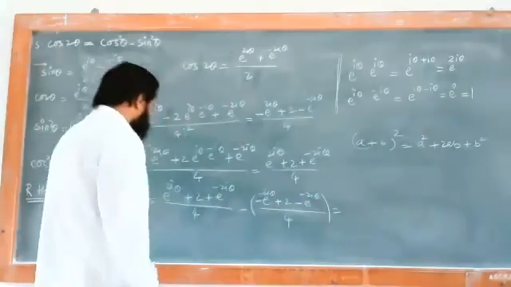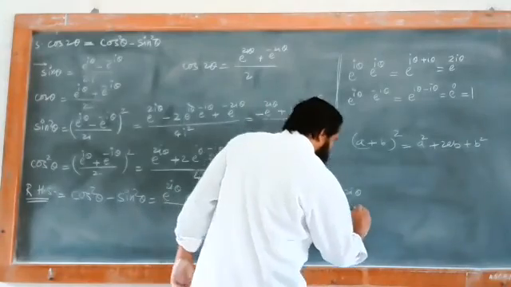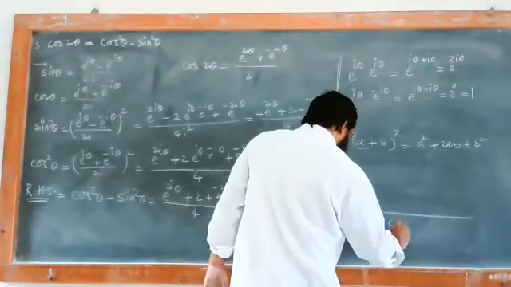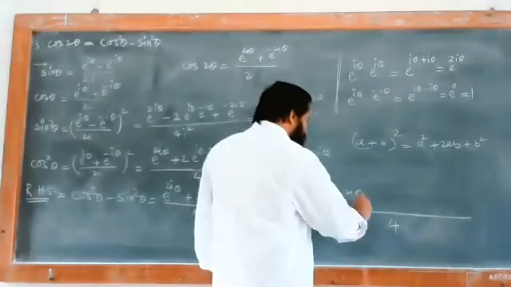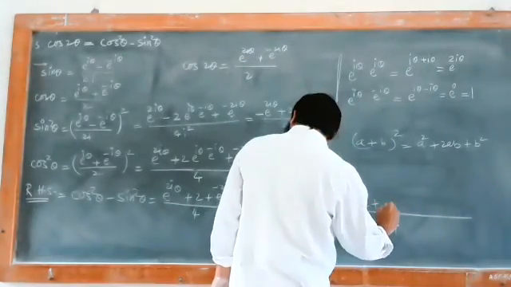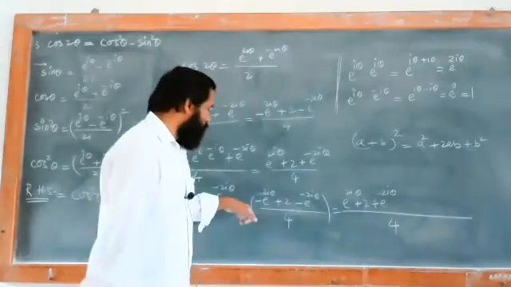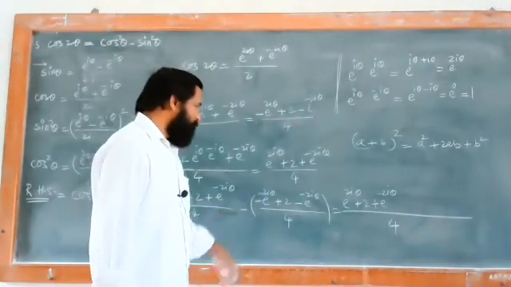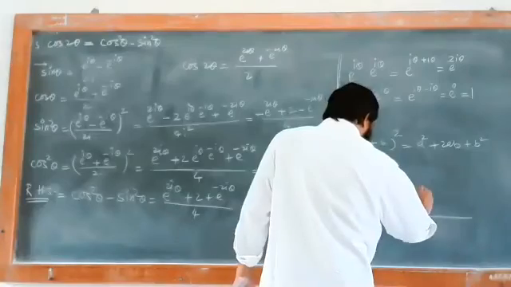What can we write? This is e raised to twice i theta. Just take out the LCM. The LCM is 4. Now the first term is e raised to twice i theta plus 2 plus e raised to minus twice i theta. Now look at this one. This is minus minus, that will become plus e raised to twice i theta.